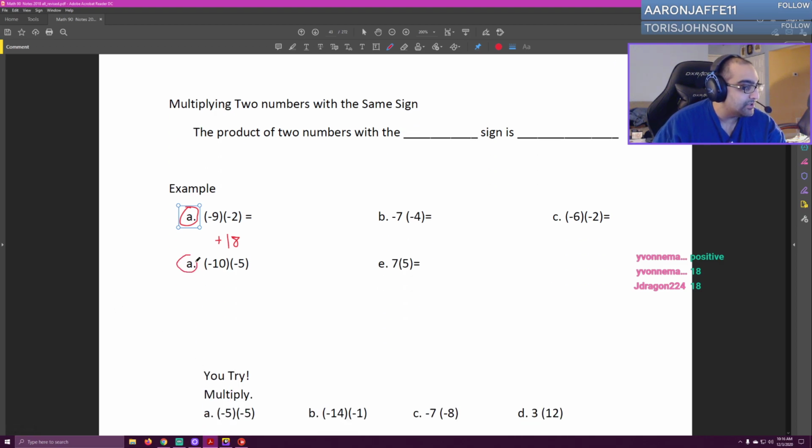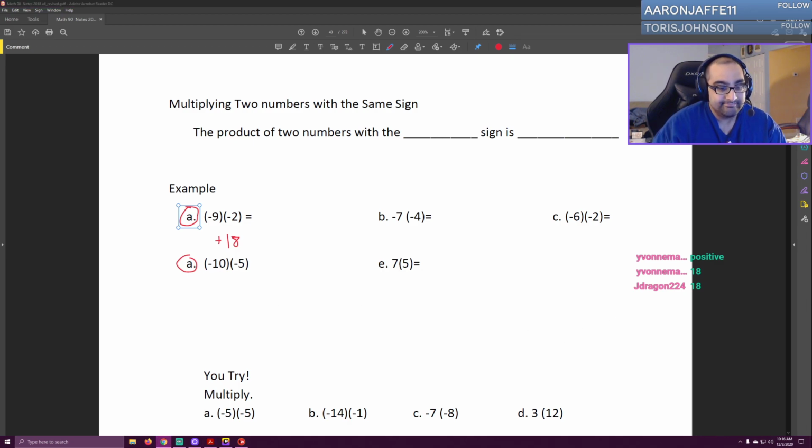How about, let's take a look at another one here. How about this one? Why this is labeled as A, again, I don't know, but reasons. -10 times -5. What's that going to be? +50, right?